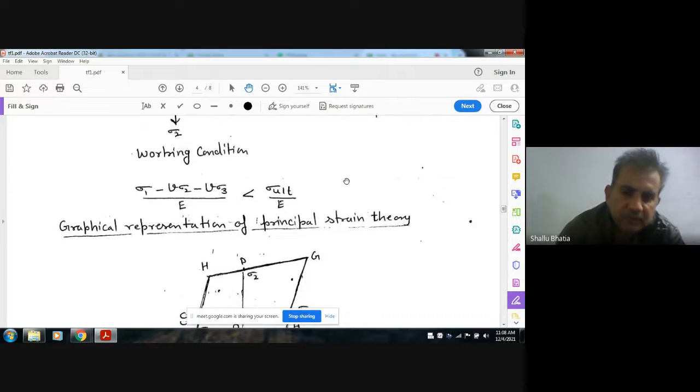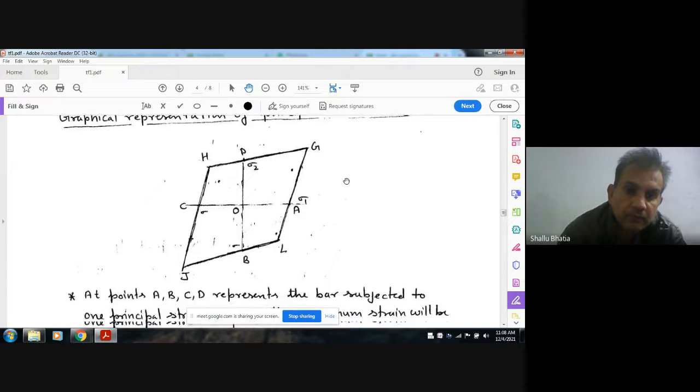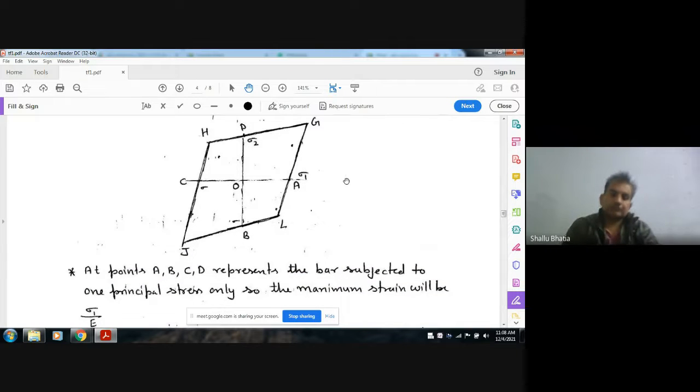Now the two-dimensional graphical representation of the maximum principal strain theory. In the first quadrant, both stresses sigma 1 and sigma 2 are positive. If sigma 1 reaches sigma ultimate, it will extend the material.